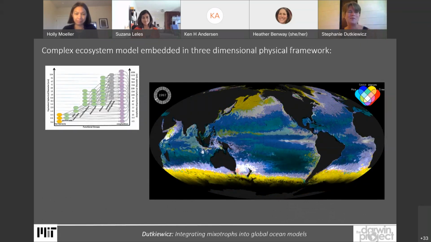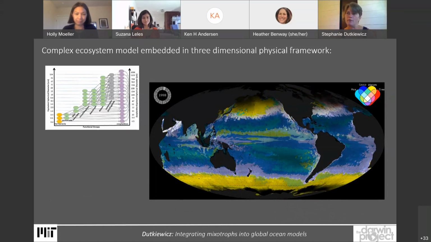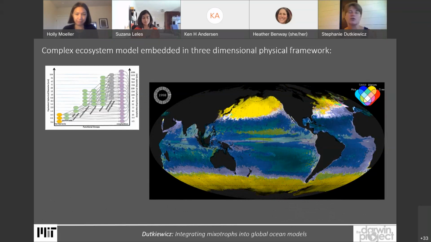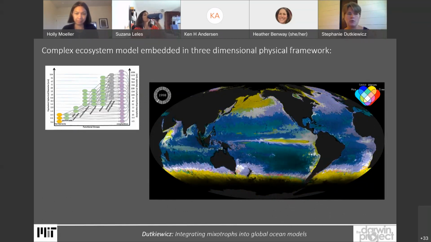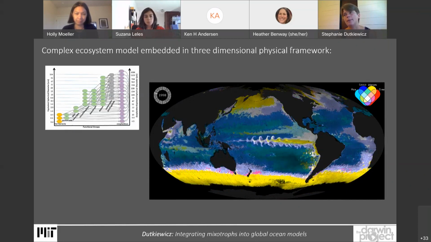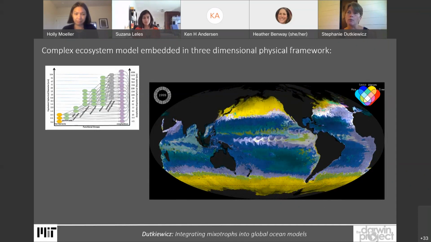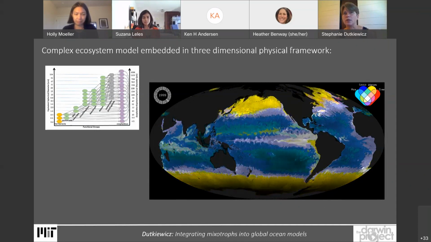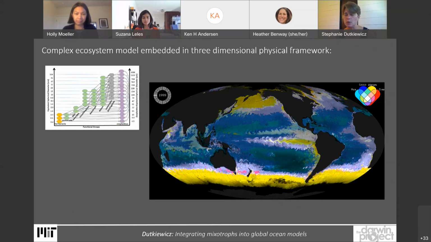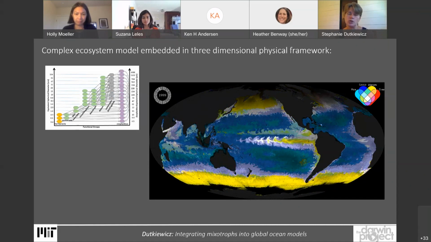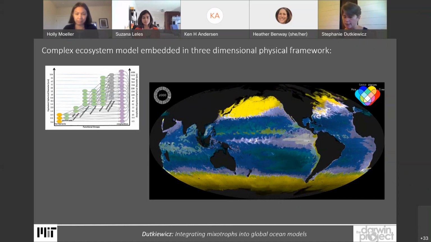But anyway, we're talking about large-scale models which have the three-dimensional physics and complex biogeochemistry, so multiple limiting nutrients. In particular, we've been interested in trying to model complex plankton communities with the particular interest in being able to ask questions about what sets planktonic community structure and diversity.